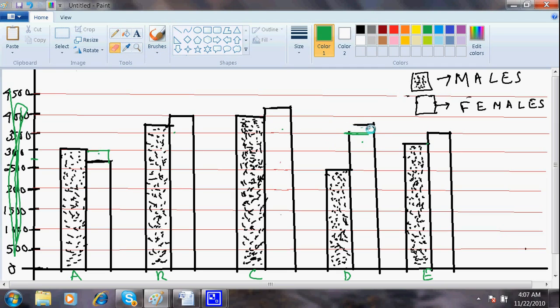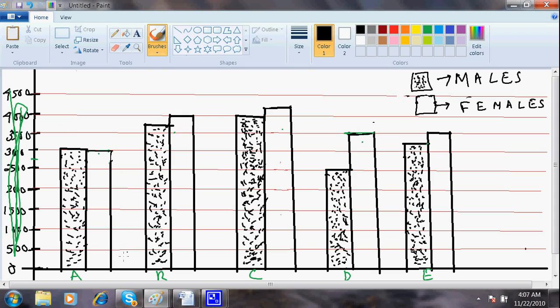So I'm erasing this part and I'm increasing this part. So this is my new bar. Fine. So now I'm going to add this, and this.